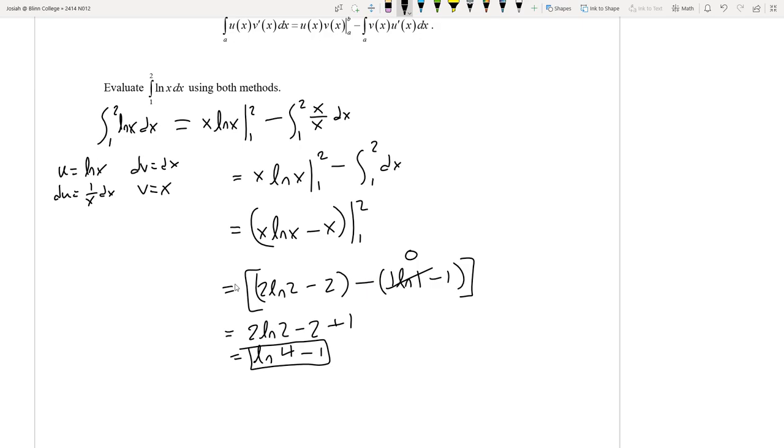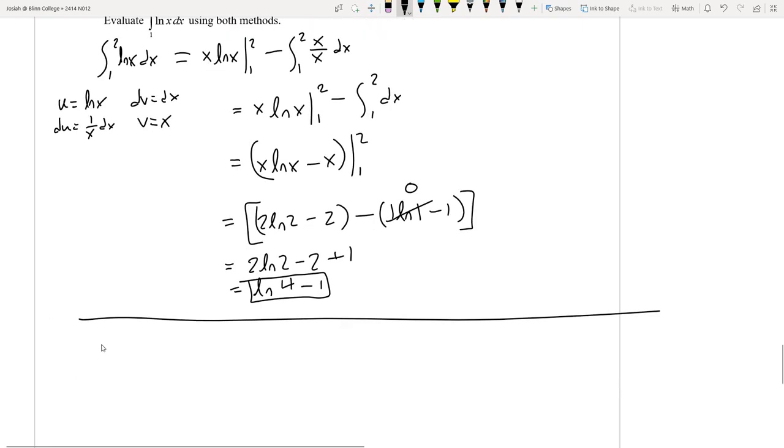So that's one of the options we have for evaluating a definite integral using integration by parts. The other option is really just to remove the definite part of the integral and say, what is the antiderivative we're looking for here? So u would be natural log of x, dv is dx. It follows the same process as before, and so v would be x.